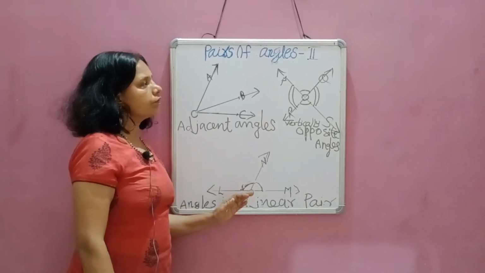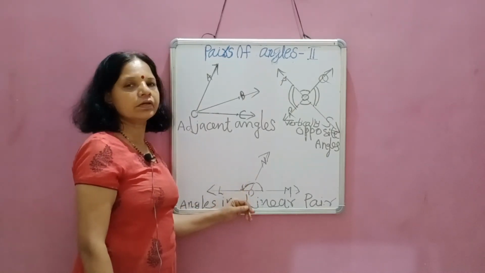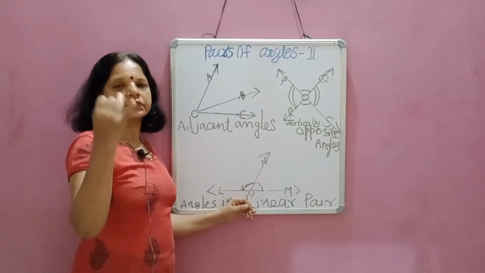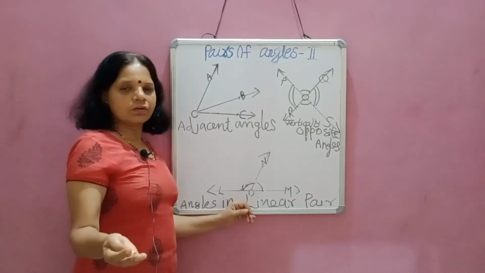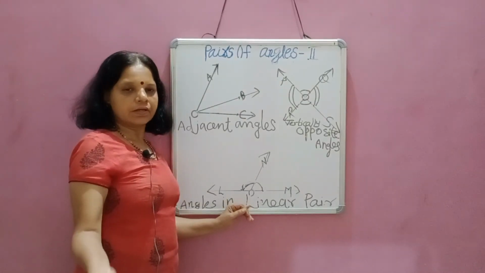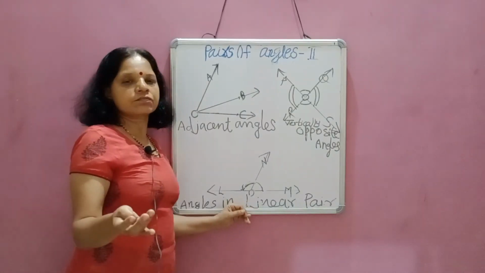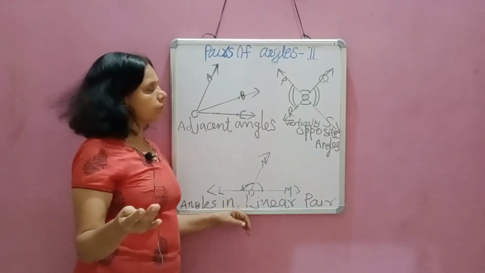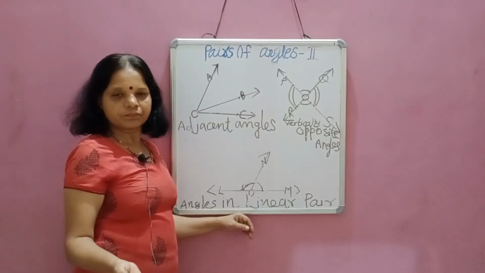That is all about the pairs of angles. So how many pairs of angles have you learned? Complementary angles, supplementary angles, adjacent angles, vertically opposite angles, and angles in linear pair, and their relations are also very important.